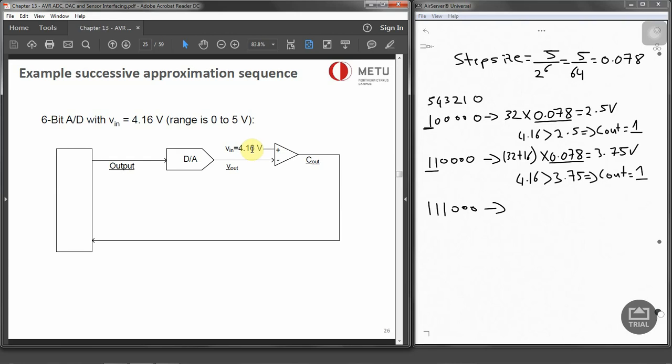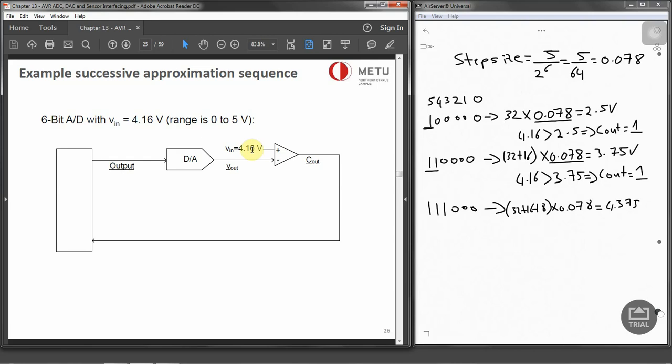In this case, it's 32 plus 16 plus 8 times 0.078, which is equivalent to 4.375. So in this case, 4.16 is less than 4.375.